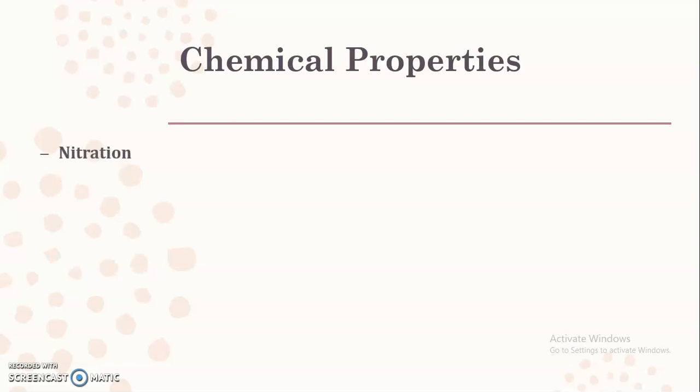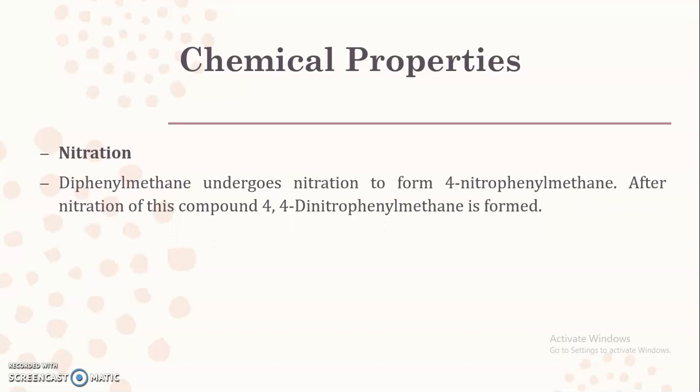The first reaction that is shown by diphenyl methane is nitration. Here diphenyl methane in presence of concentrated sulfuric acid gives us bis 4-nitrophenyl methane, which is also known as 4,4-dinitrophenyl methane. You can read this statement: diphenyl methane undergoes nitration to form first 4-nitrophenyl methane.